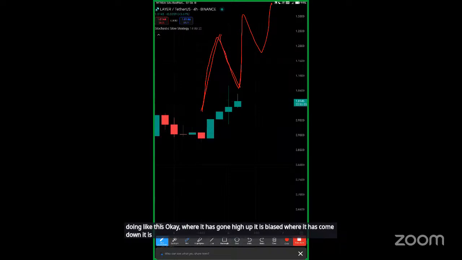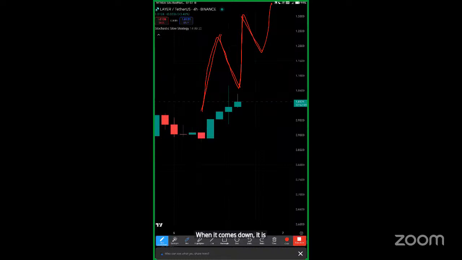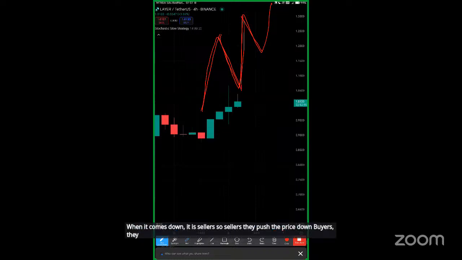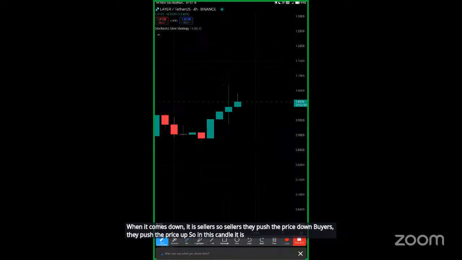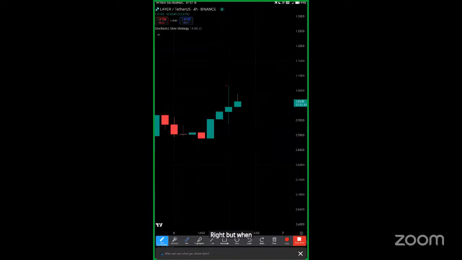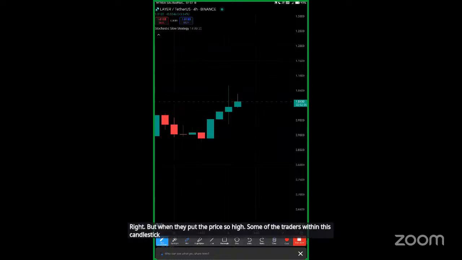When it goes up, it is buyers. When it comes down, it is sellers. So sellers push the price down, buyers push the price up. So in this candle, it is buyers who pushed the price to this level. But when they push the price so high, some of the traders within this candlestick pushed their take profit.